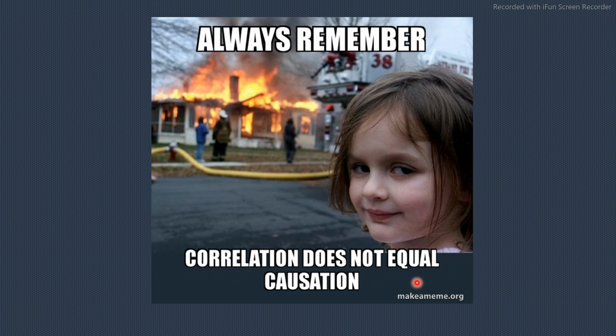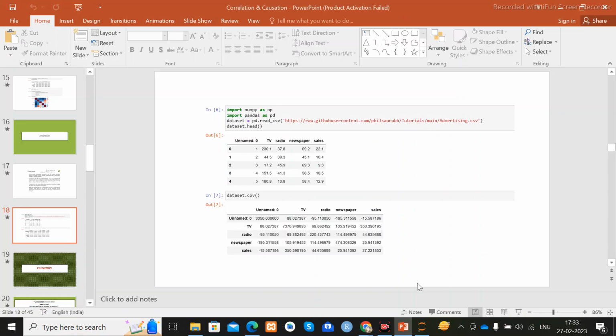If you're using software, it may push you to think that two variables are the reason, that one is causing the other. But always remember, correlation does not equal causation. So this is all from my side. If you have any question, you can ask.